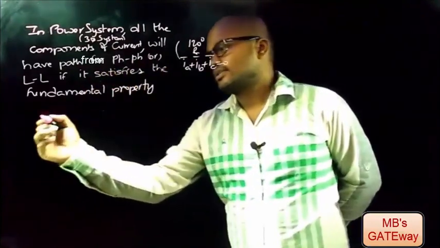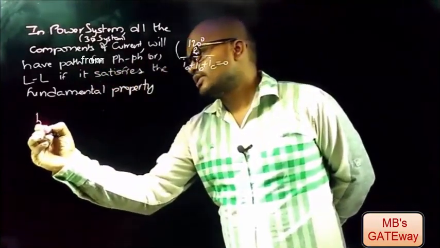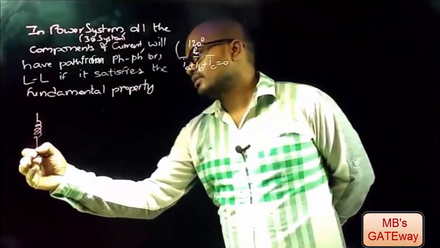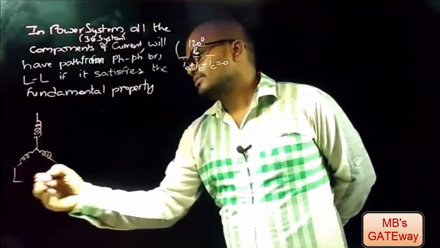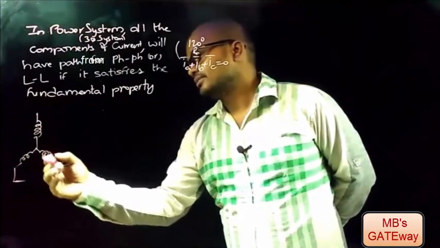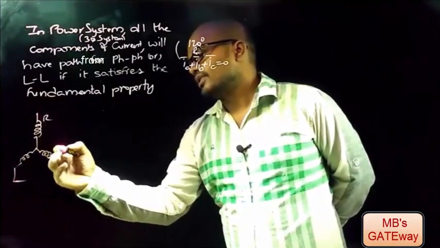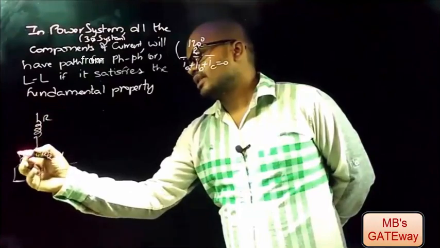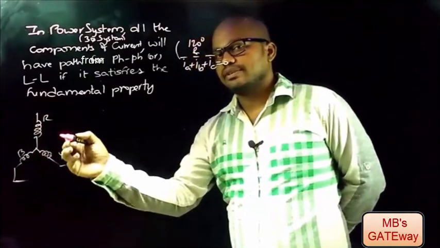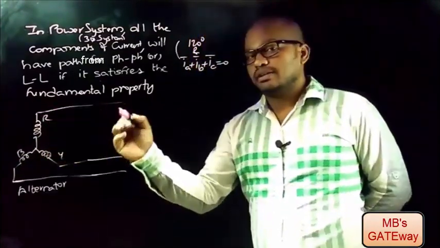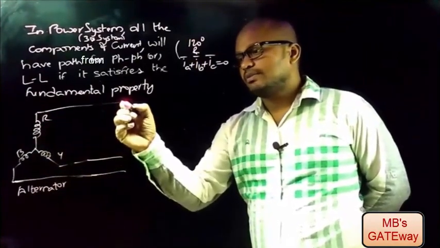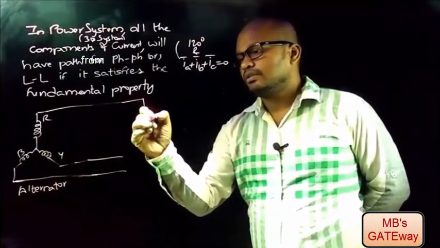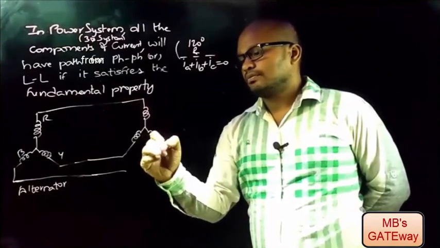Let's understand this. Suppose this is the alternator from where the energy is being generated, and let these be the R phase, Y phase and B phase, because the preferred phase sequence is RYB. The generated energy from the alternator is transmitted and distributed to the loads.